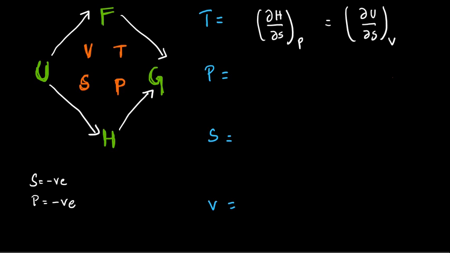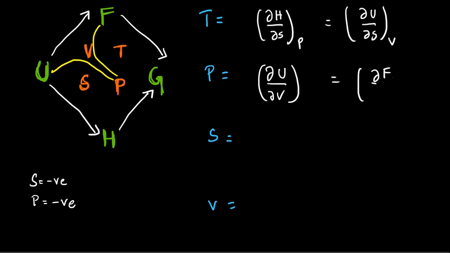Now P goes to F crossing V and it goes to U crossing V. So obviously it will be dou U by dou V because it crosses V, and dou F by dou V. Now we have to find the constant term.